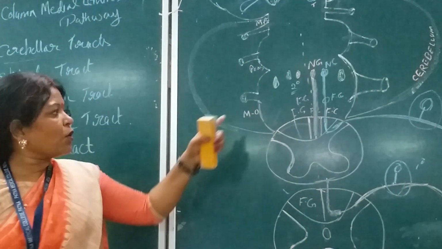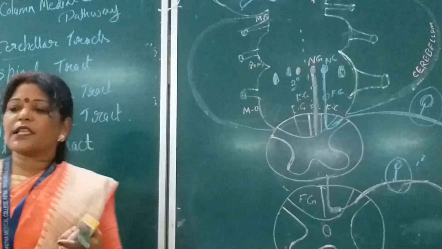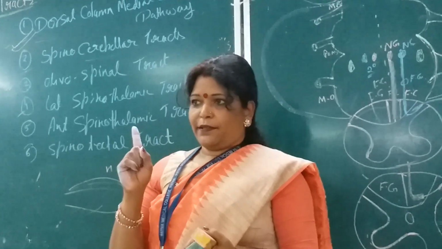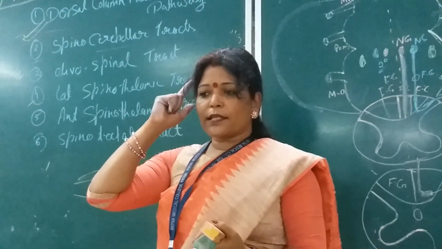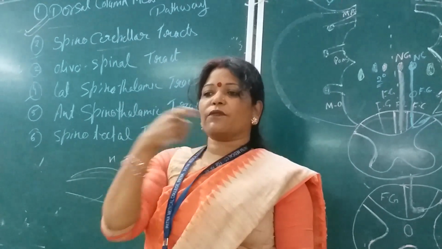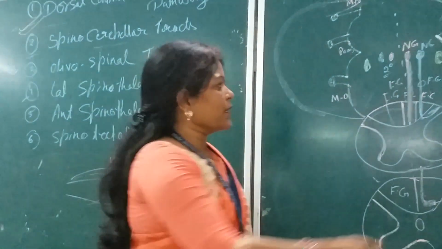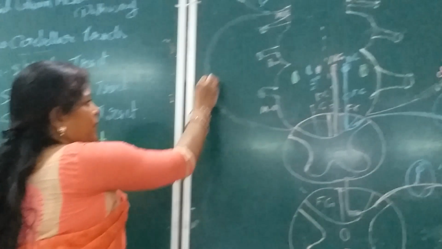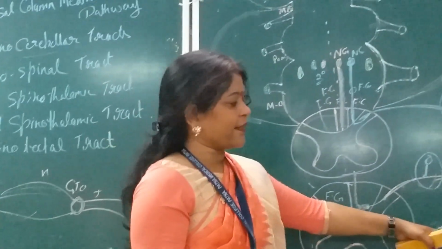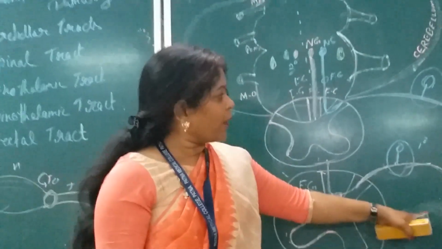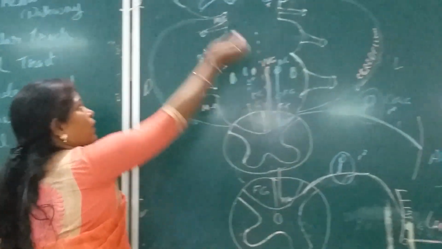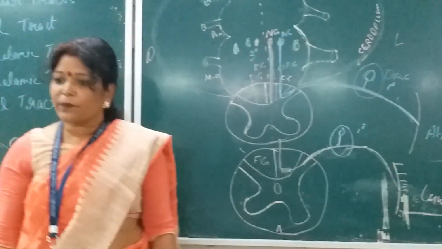Just now I said that the right side cerebral cortex receives all sensation from the left side. Suppose this is the left side and this is the right side. I have drawn the sensation coming from the body on the left side. So this sensation has to go to the right half of the cerebral hemisphere.